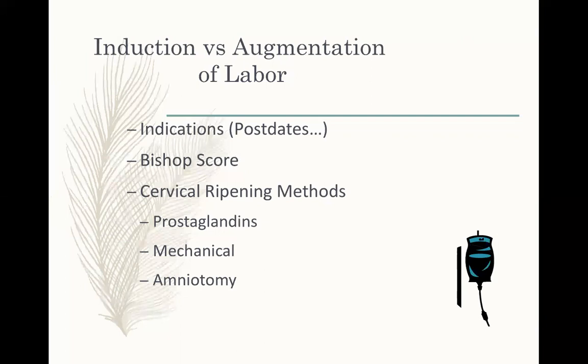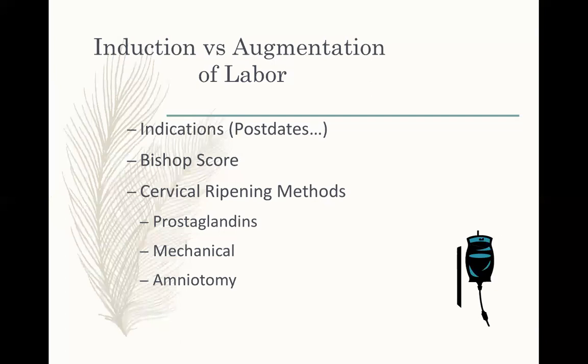Some indications for induction would be postdates, PIH, preeclampsia, sometimes gestational diabetes if it's not well controlled. IUFD, we would want to induce for the baby if the baby has passed away.